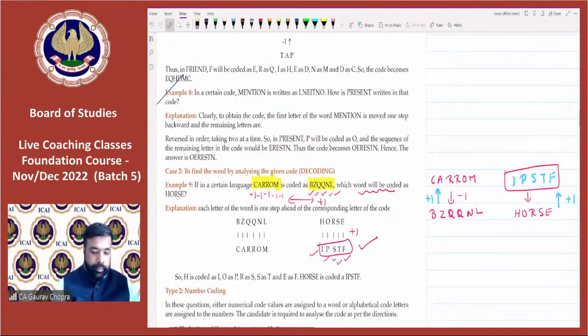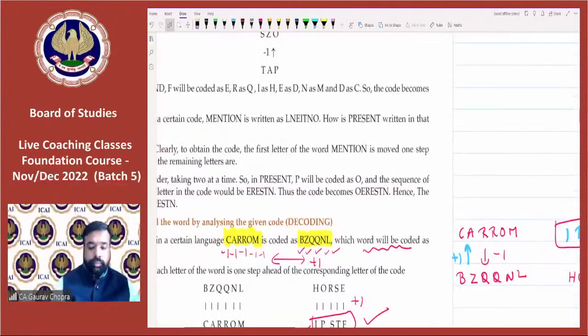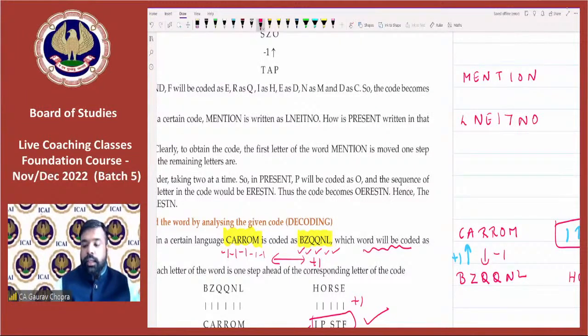Okay, then Barkatullah is asking about example number 8. Example 8 says in a certain code, mention is written as LNEITNO.